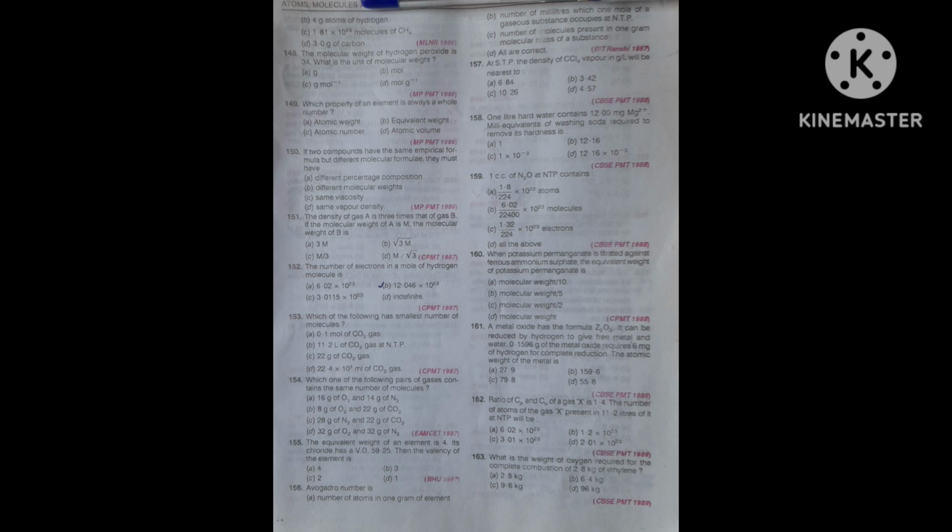Then 1 gram equivalent of magnesium means 12 gram, and 12 gram means 12,000 milligram, and 1 gram equivalent of sodium carbonate means 1000 milli equivalent. 1 gram equivalent means 1000 milli equivalent. Now 12,000 milligram neutralizes 1000 milli equivalent.